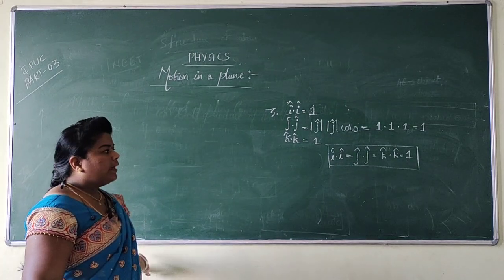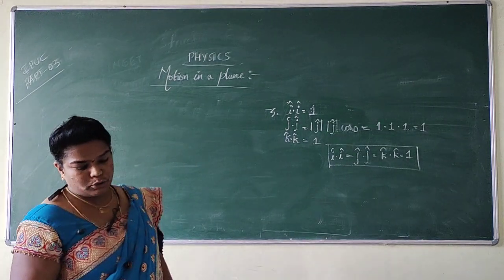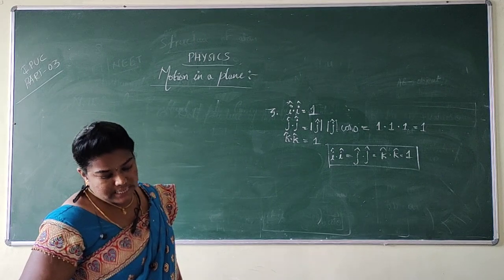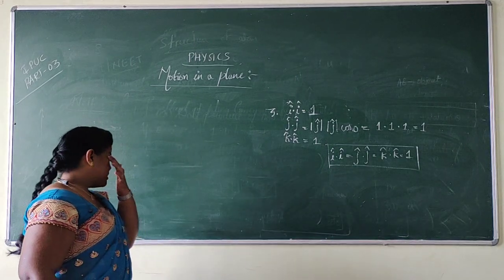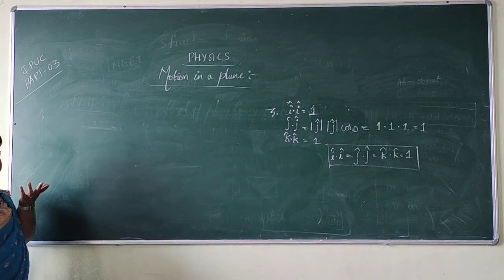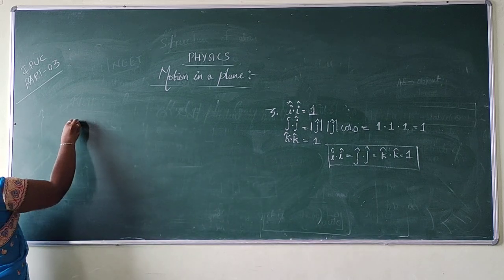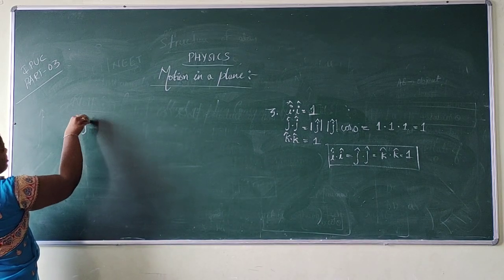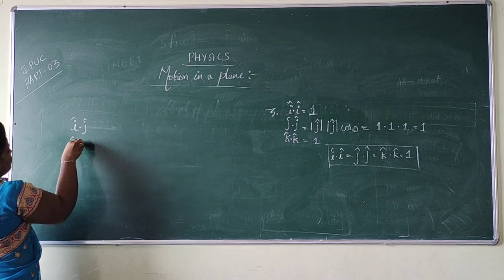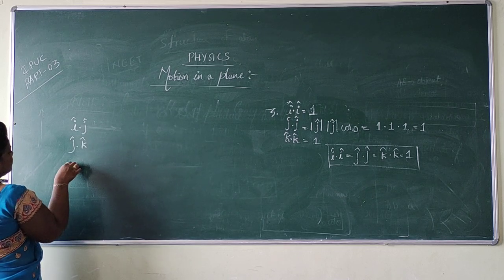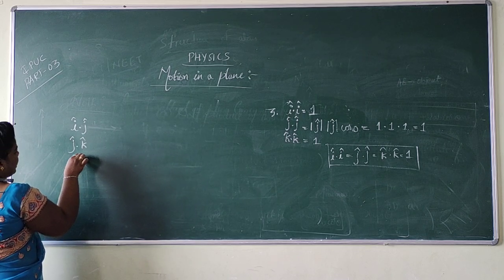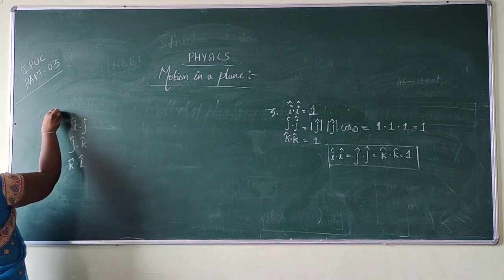So what did the product become? 0. You got the product equal to 0. Similarly, my dear students, suppose I want to multiply i dot j, j vector dot k vector, k vector dot i vector. See, this is the fourth point.